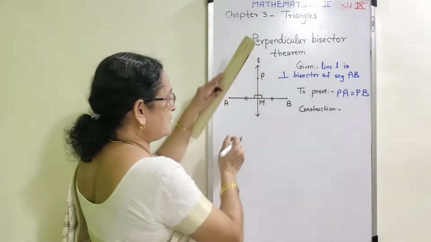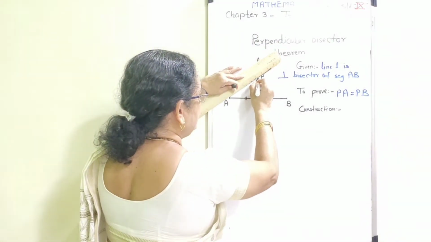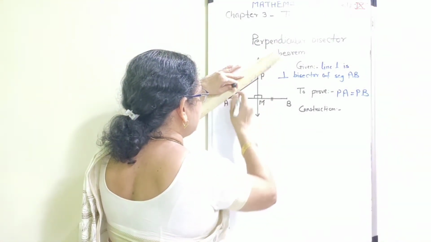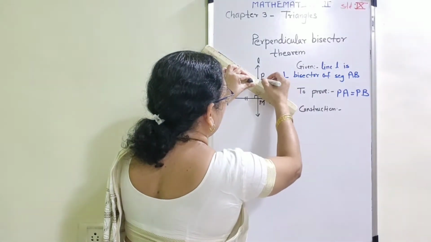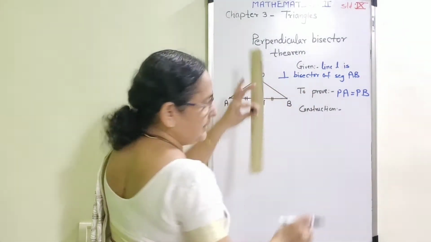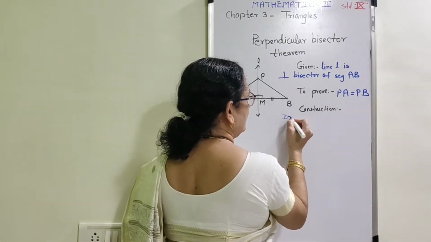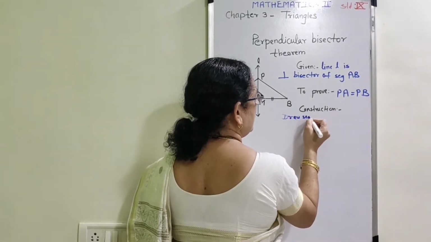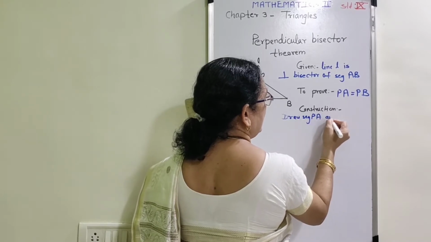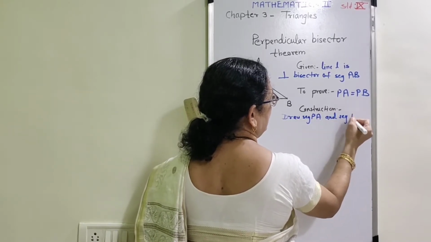Now in construction, draw segment PA as well as segment PB. Here write construction: draw segment PA and segment PB.